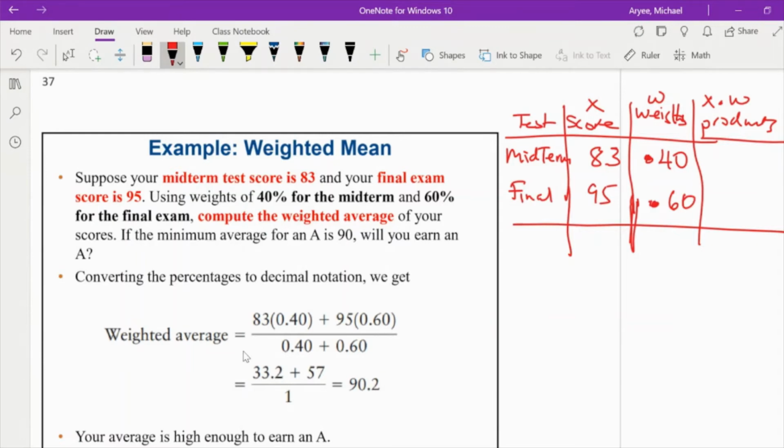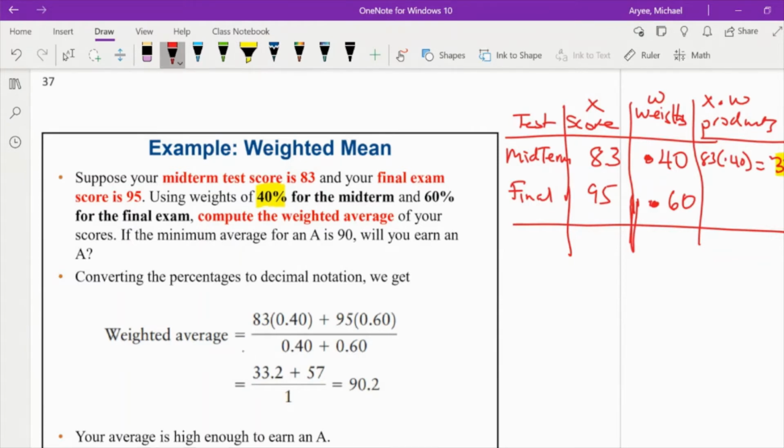So we do 83 times 0.40. That gives you 33.2. What does this 33.2 mean? It means that out of the 40% for the midterm, the student gained 33.2, meaning the student lost about 6.8.